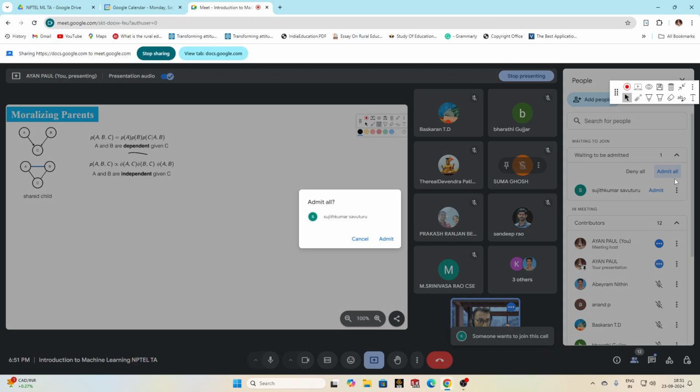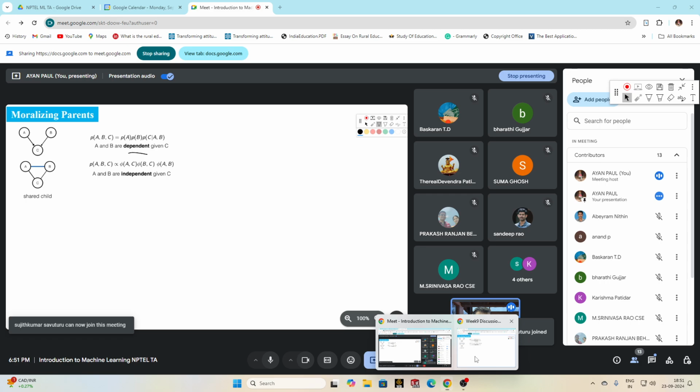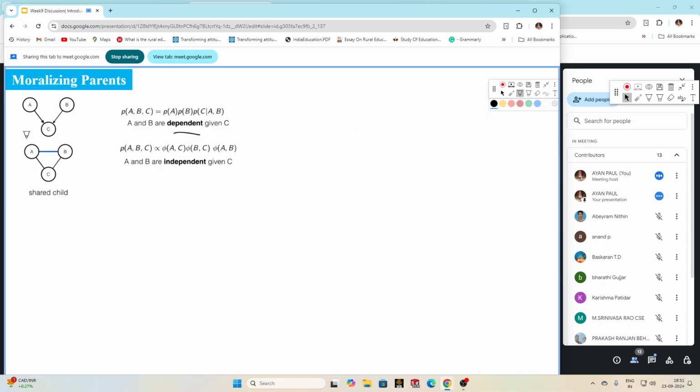Now if we convert this into a Markov random field, in the Markov rule we know that if the neighbor is given, then the nodes are independent. But this is completely the reverse. The contradiction is happening if we compare our Bayesian network with this Markov random field.